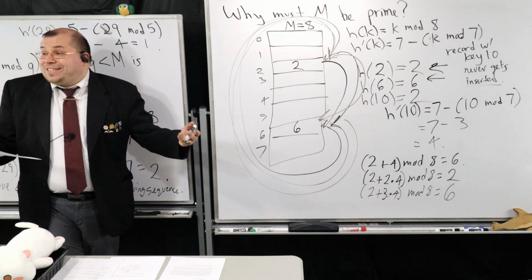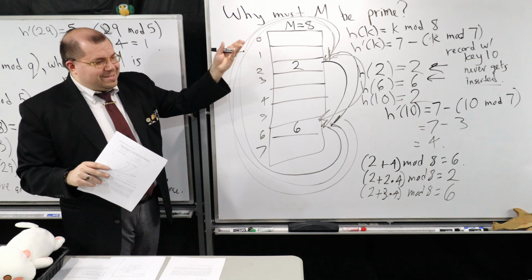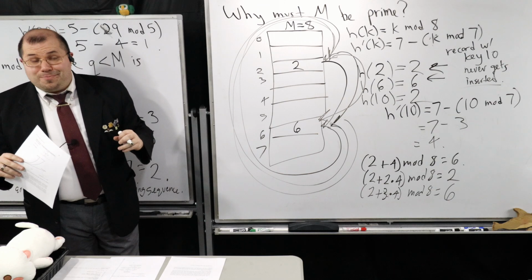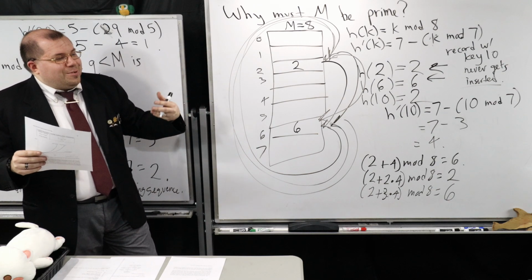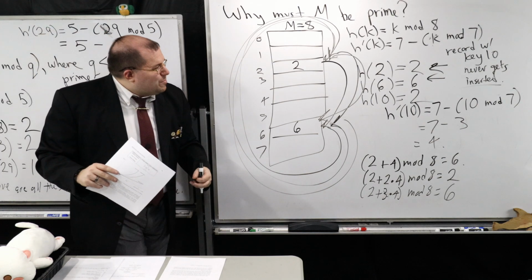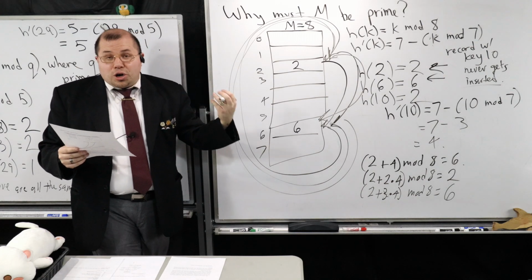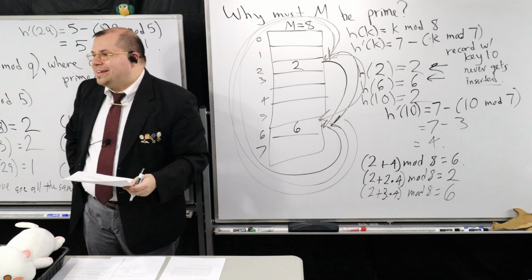So now we're stuck, right? That's exactly it. Our poor bunny is stuck in the perpetual loop I was warning you about, except it's even worse than that because now the table's not even full, right? The probing sequences worked against us, but it's because of the table size. We have a term for this from number theory, and I'm just going to tell you a little bit about that.